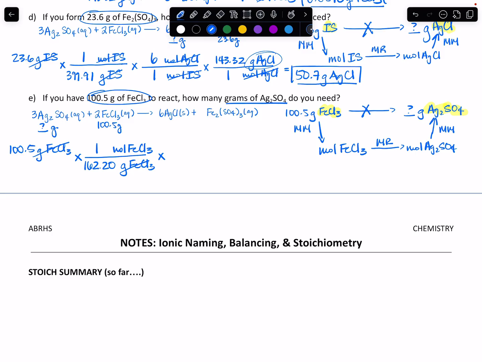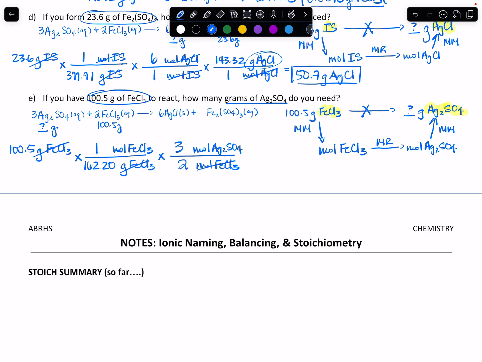According to my plan, I now need to convert over to moles of silver sulfate. So I'm going to put moles of FeCl3 on the bottom of my conversion factor and moles of Ag2SO4 in the top. Now I need to go look at my balanced reaction, and it tells me that for every 2 moles of iron 3 chloride that reacts, I'm also going to react 3 moles of silver sulfate.